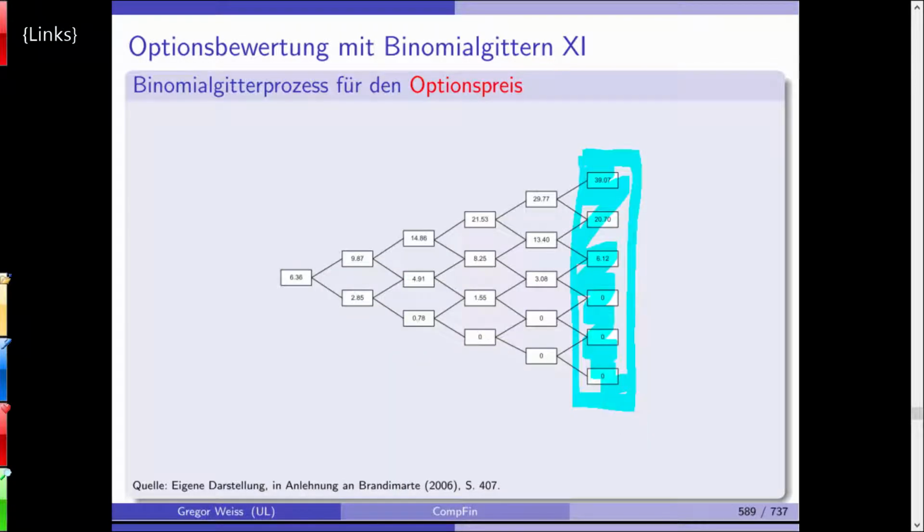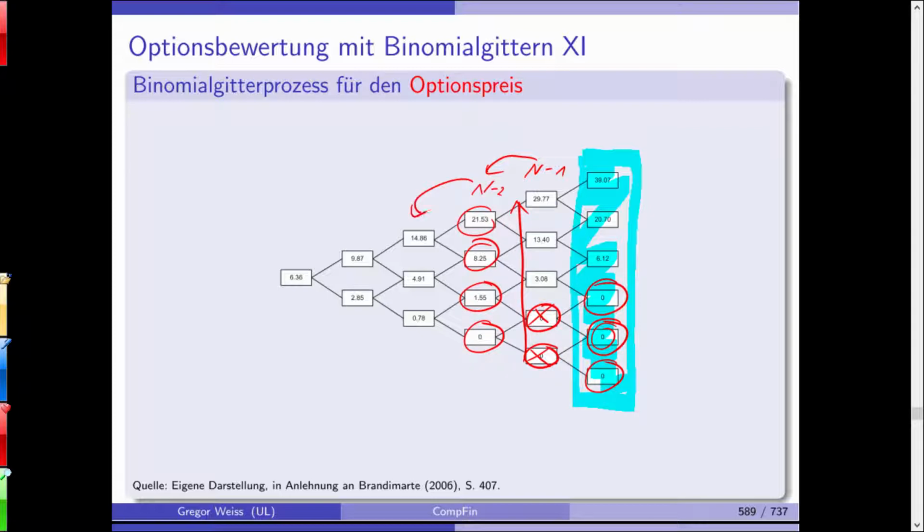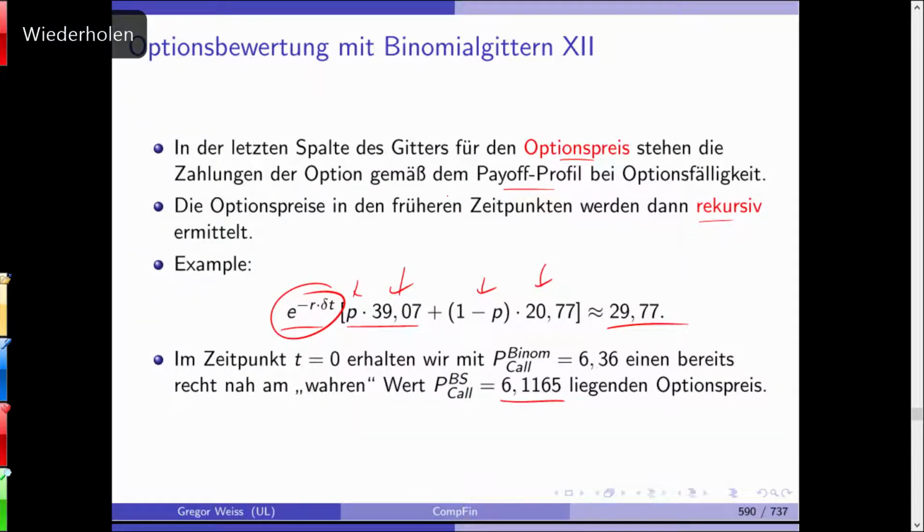So this is n minus 1, n minus 2, and you start here, you calculate this, then you take this, and you calculate this, and you go up. If you are done, jump to n minus 2. And so on. This is how this double for loop works.